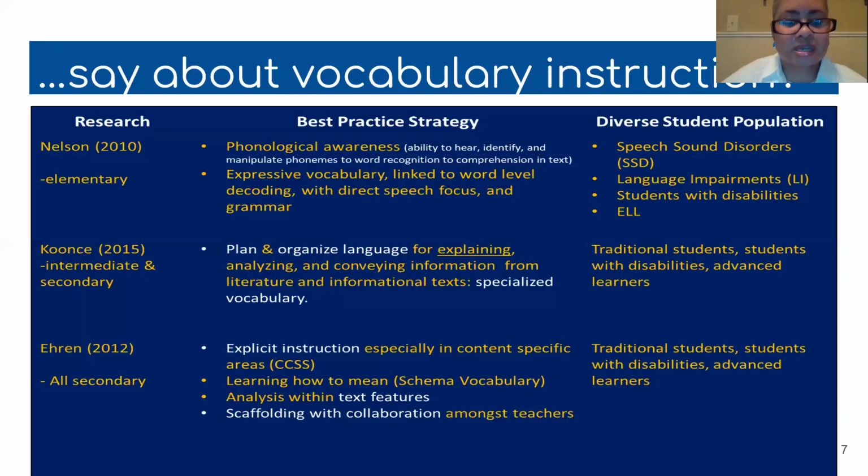Let's look at what Kuntz tells us. Third bullet down. He tells us to ensure that we plan and organize for language explaining. Well, what does that mean? Well, our text in our curriculum may give us 3 or 4 schema vocabulary words to focus on within a particular story, but there may be some additional academic and domain specific embedded within text.